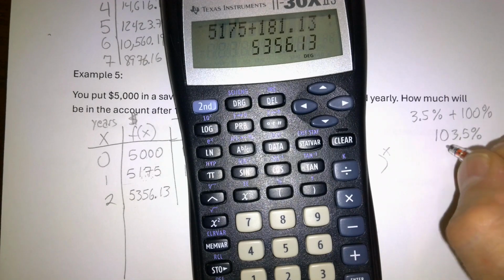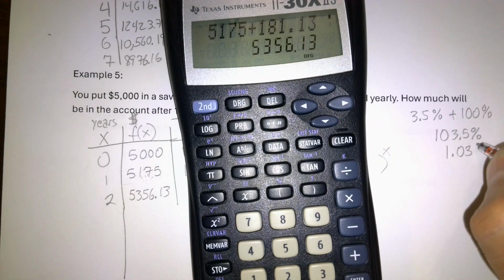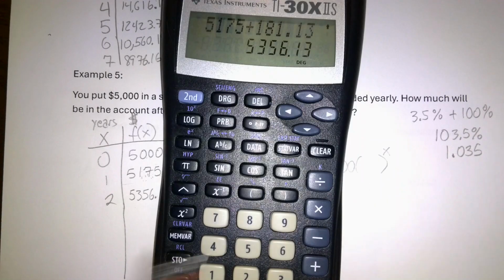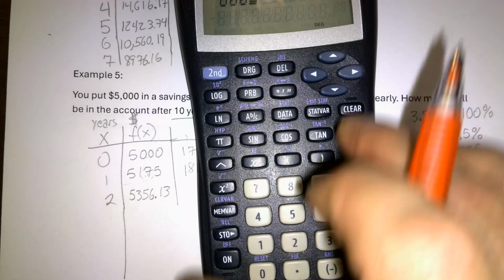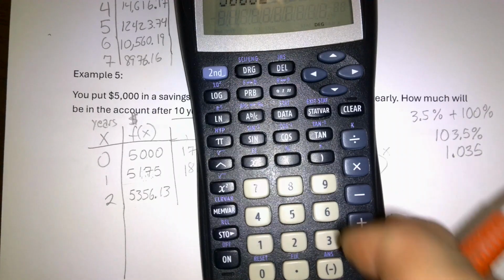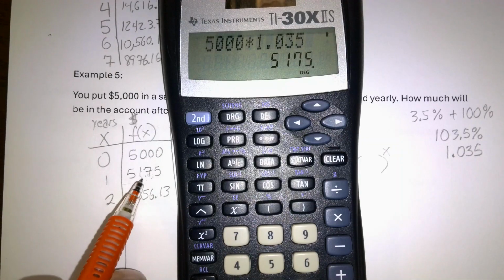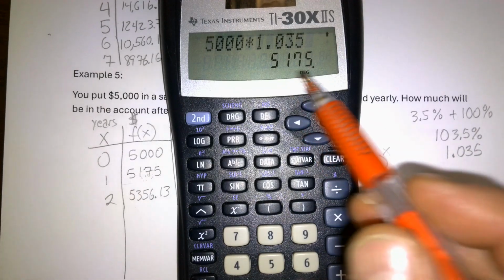We're going to change this to a decimal. That's 1.035. Remember, 0.035 is what we were using before. If I do 5,000 and we multiply it times 1.035, that's going to give you your 5,175. So that's really what's happening here.